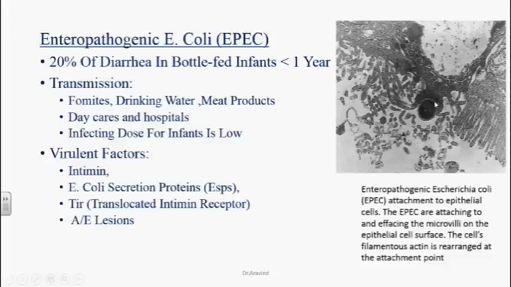So whenever this intimin is attached with the help of Tir receptors and E. coli secretory proteins, the plasma membrane of the host cell will protrude and create pedestals, like attaching and effacing type of lesions. So by altering the microvilli structure, the surface area of the enterocytes decreases, which inhibits the absorptive capacity of the GI tract enterocytes, which can ultimately lead to diarrhea.